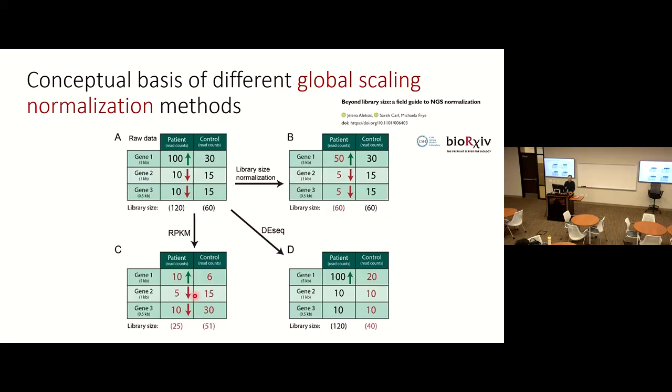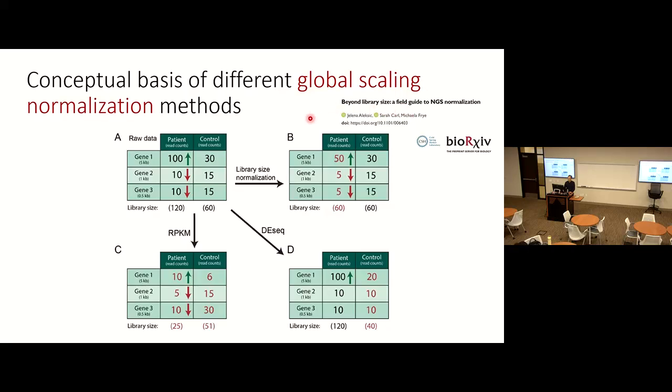So we don't do RPKM, which is the standard library size plus gene body length normalization in bulk RNA-seq. And in DESeq, the most commonly used differential expression analysis, they do the normalization in a slightly different way.